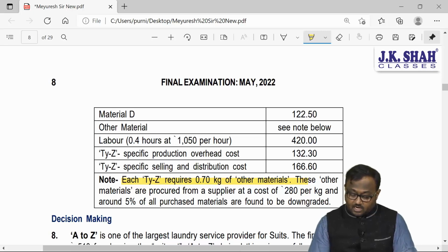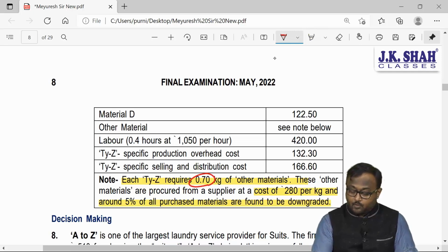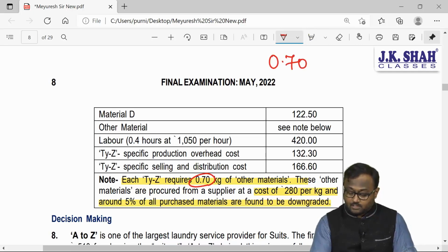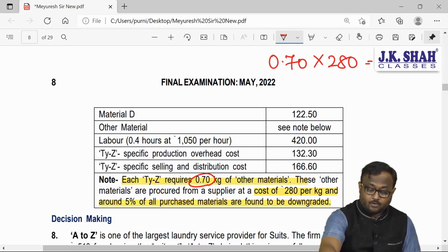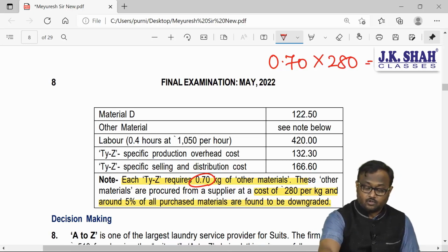The other material is procured from a supplier at a cost of 280 per kg, and around 5% of all purchased material is found to be downgraded. That means you need 0.70 kgs and the cost is 280.